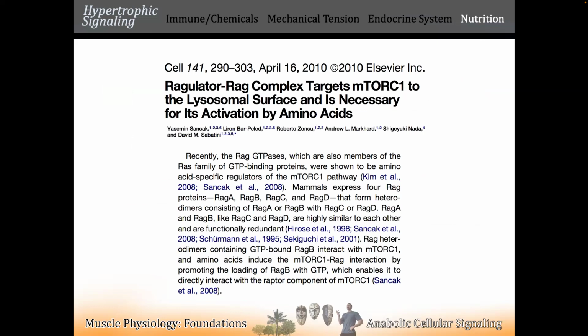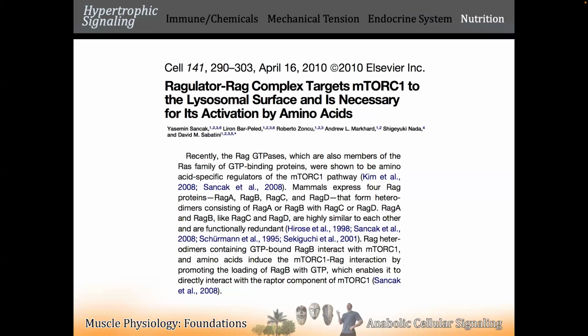So here in this article, they're just talking about the RAG proteins. In the presence of amino acids, RAGs send mTOR to the lysosome. And in the presence of hormones, insulin, something like that, which tells cells carbs are coming, and in the presence of some growth factors and other chemicals that indicate a functional need to translate proteins, Reb goes to the lysosome too.